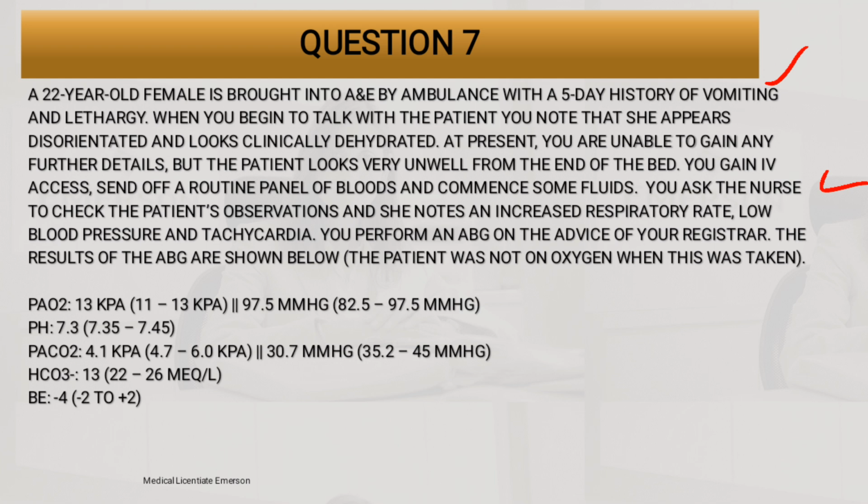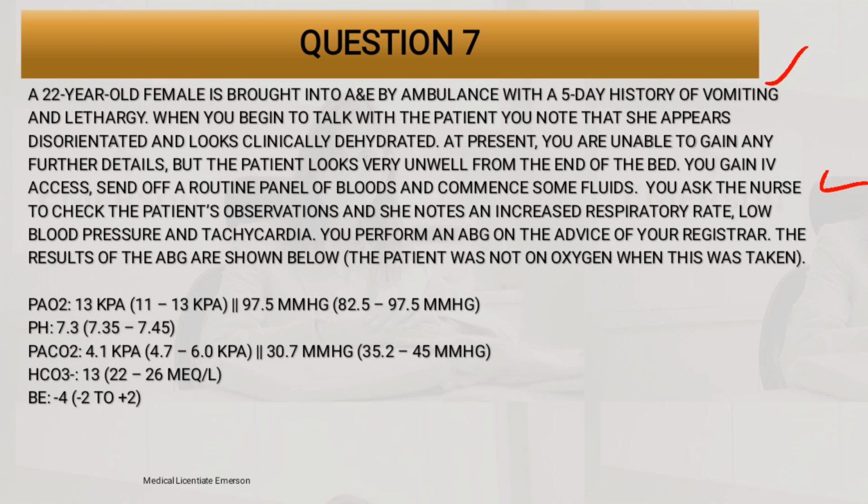You perform an ABG on the advice of your registrar. Then the results of the ABG were shown below. The patient was not on oxygen when this was taken. So the partial pressure of oxygen was 13 kilopascals, and in terms of millimeters of mercury, it was 97.5.